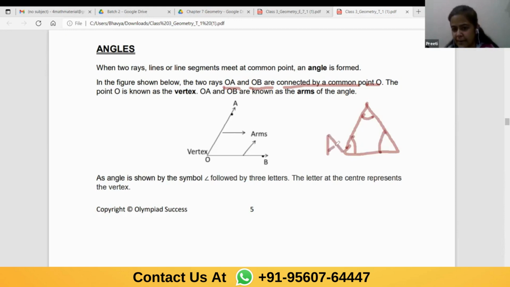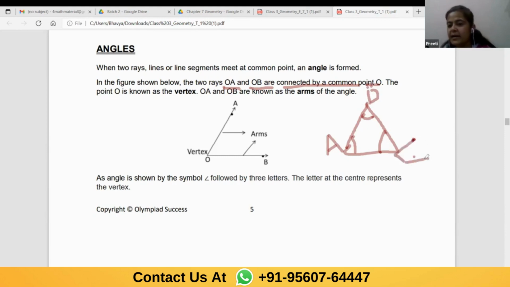Suppose this is A, this is B, and this is C. Then one of the angles is angle ABC, where B comes in the center. Another angle is BCA, or it could be ACB, wherein C comes in the center.